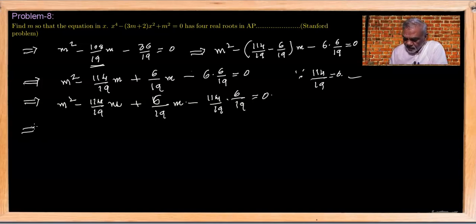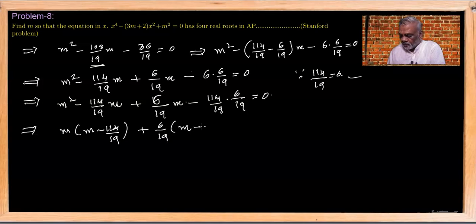And this implies m into (m minus 114 by 19) plus 6 by 19 into (m minus 114 by 19) equal to 0.